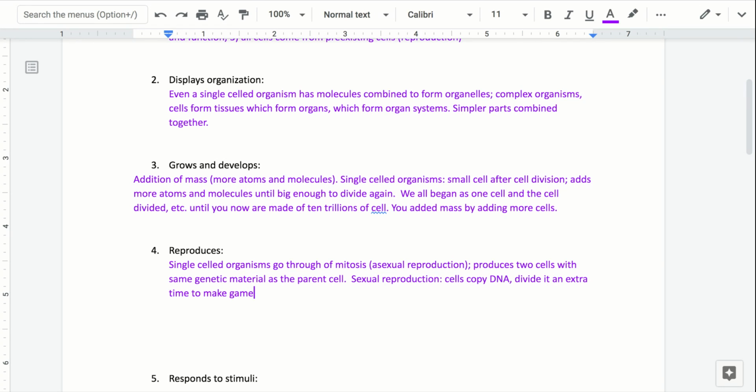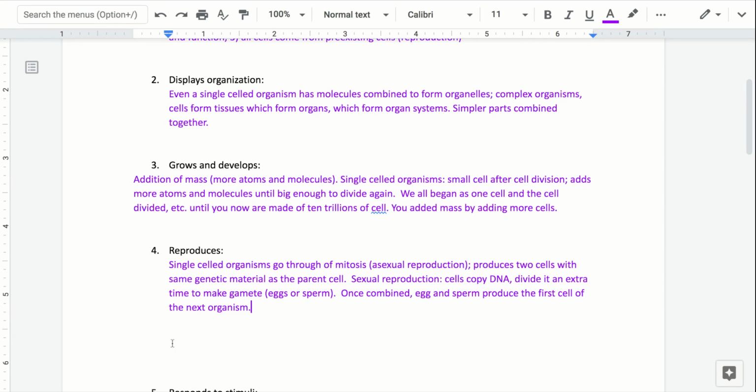Gametes are the science word for eggs and sperm. Okay. Once combined, an egg and a sperm produce the first cell of the next organism.